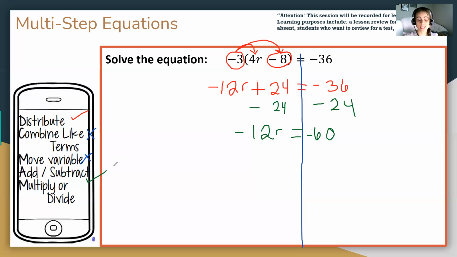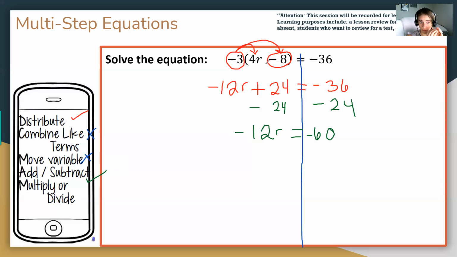All right, last step is we need to either multiply or divide. What do we have going on here? It may be easy to think that because you see a -12, you need to add the 12. But that's not the case. It's not r minus 12.